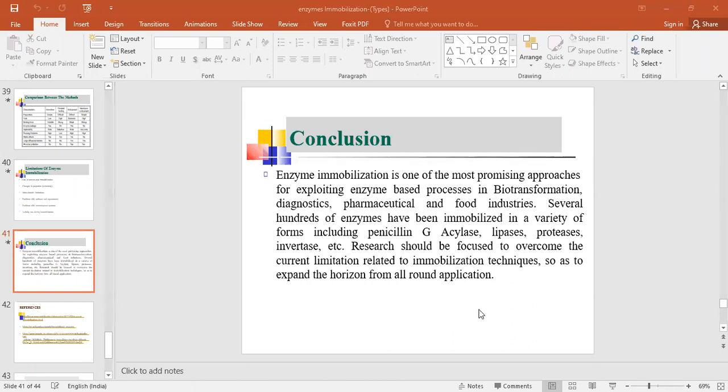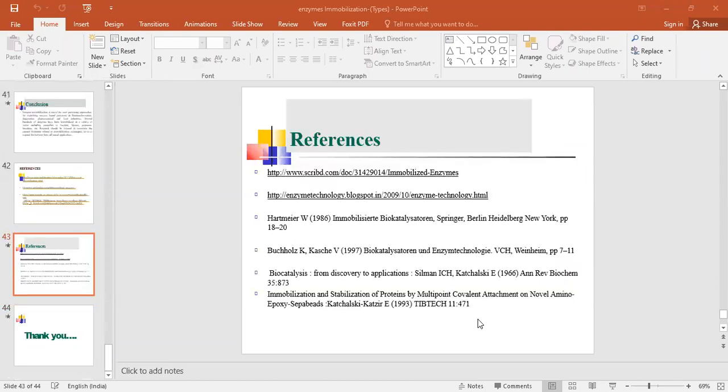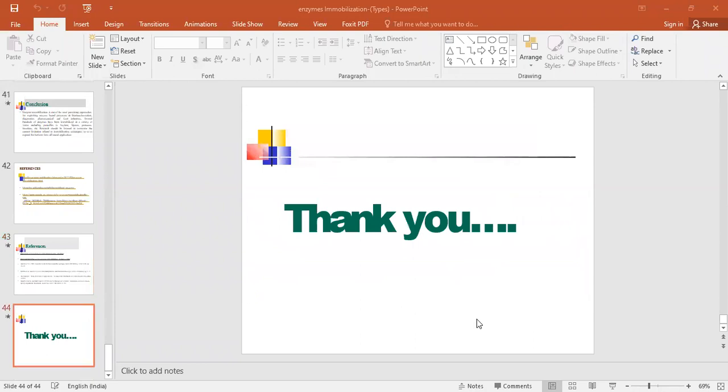And research should be focused to overcome the current limitations. Whatever limitations we have seen now, research is going on to overcome them, to avoid these limitations. Okay. Yes. So this is all about enzyme immobilization.